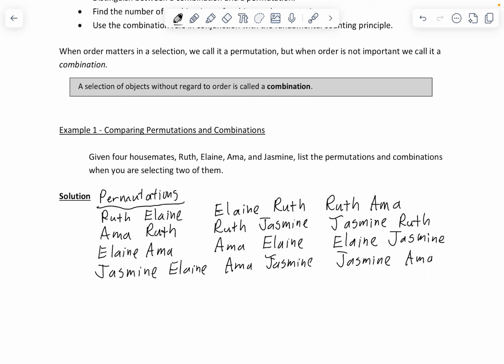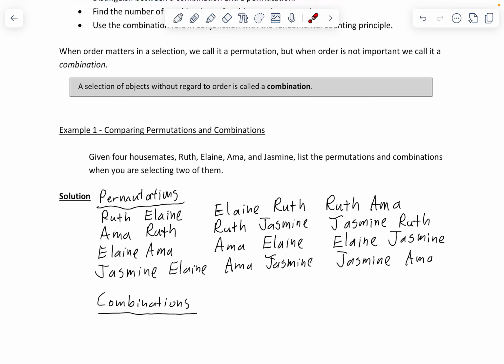Okay, so this is the total number of ways that I could select 2 names from a group of 4 names and order those names in a specific way. Now, for combinations, the order does not matter.